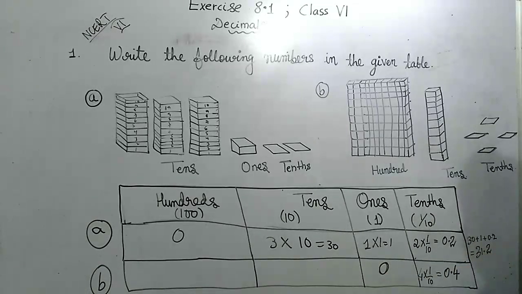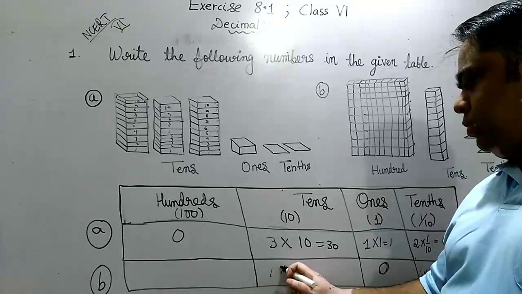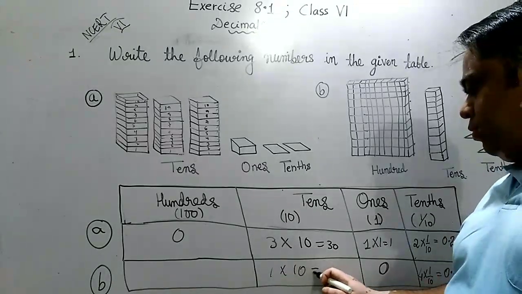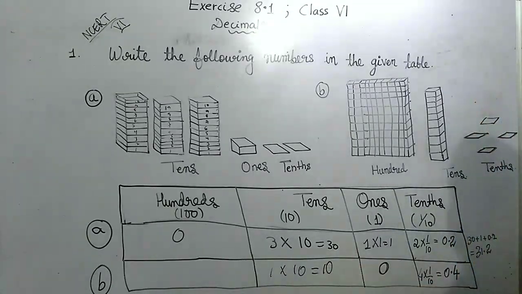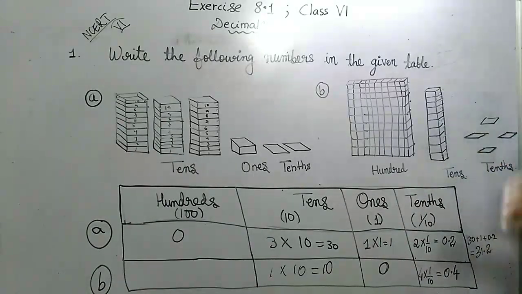In tens place how many are there? There is only one column and it is 10 in number, so we'll write 1 into 10 equal to 10. We can count like this also: 1, 2, 3, 4, 5, 6, 7, 8, 9, 10. And in hundreds position how many are there?